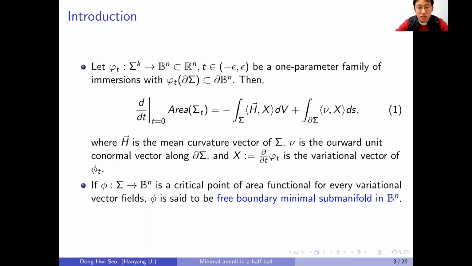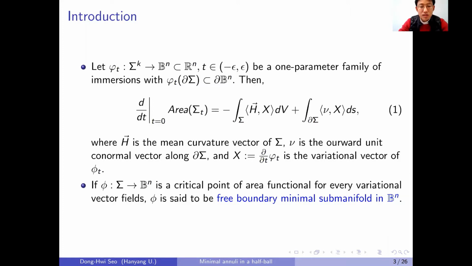The first integral is taken in the interior, and the integrand is minus the inner product of the mean curvature and the variational vector field. The second integral is taken on the boundary of the surface, and the integrand is the inner product of the outward unit conormal vector and the variational field.